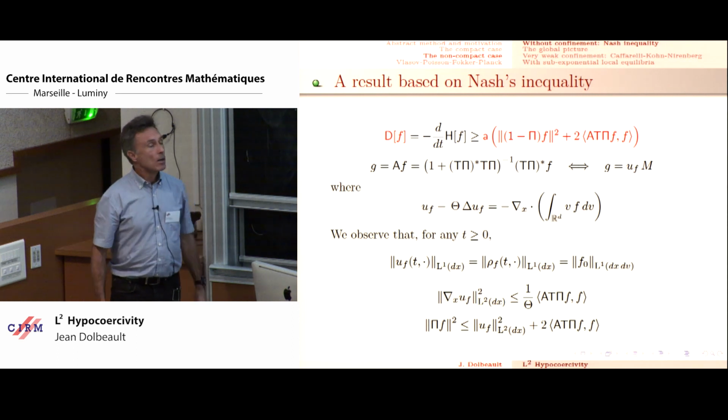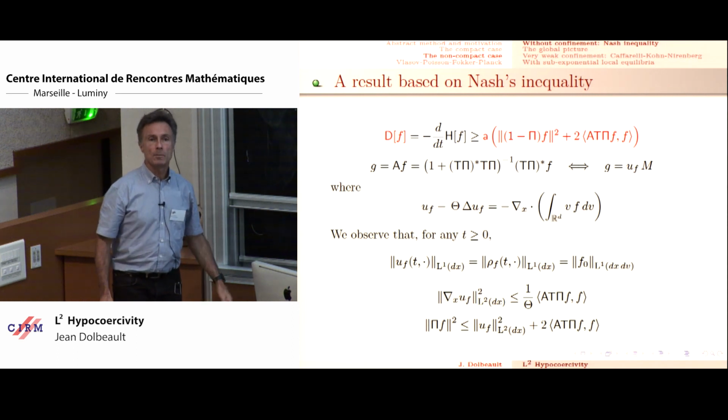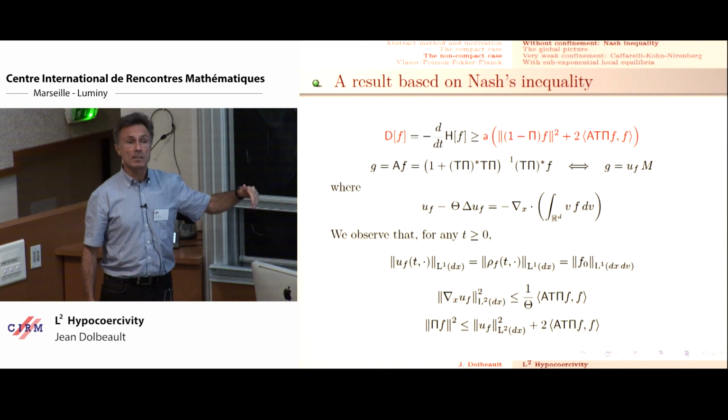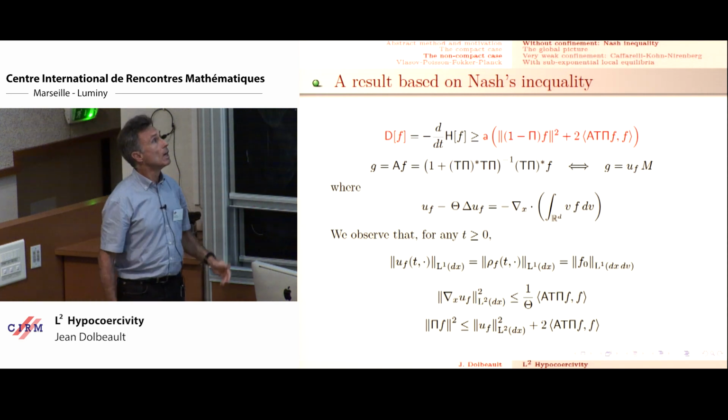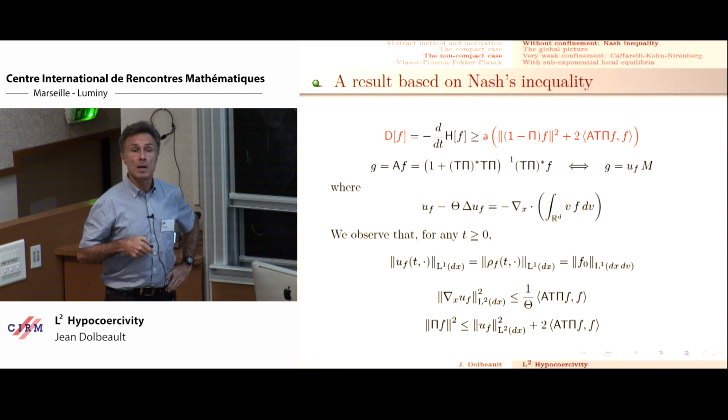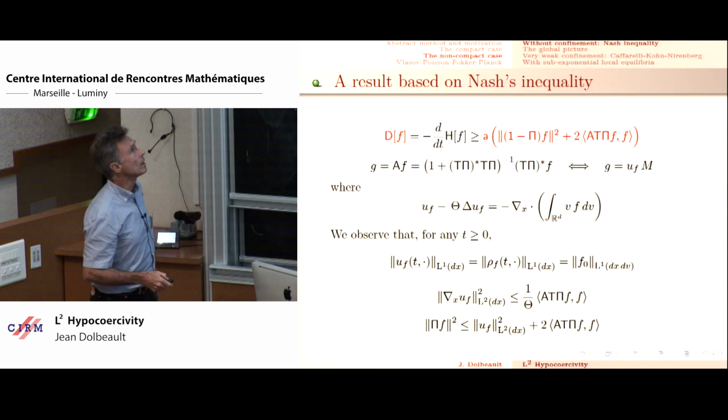Okay? One way of obtaining t to the minus d over 2 is, of course, the Nash inequality. And actually, you can also implement it at the kinetic level. So here, the idea is to do the abstract computation in the same way as before, keeping the ATPF instead of trying to control PF by a Poincaré inequality.